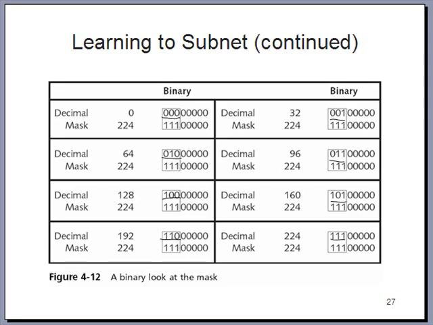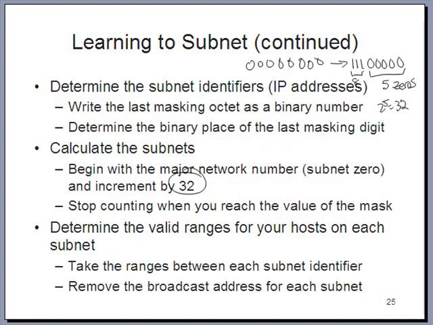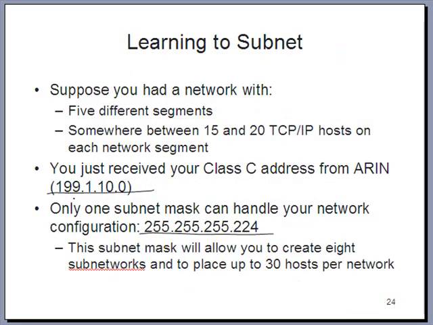So if we had to take a range from our previous example, let me get that IP address again, 199.1.1.0.